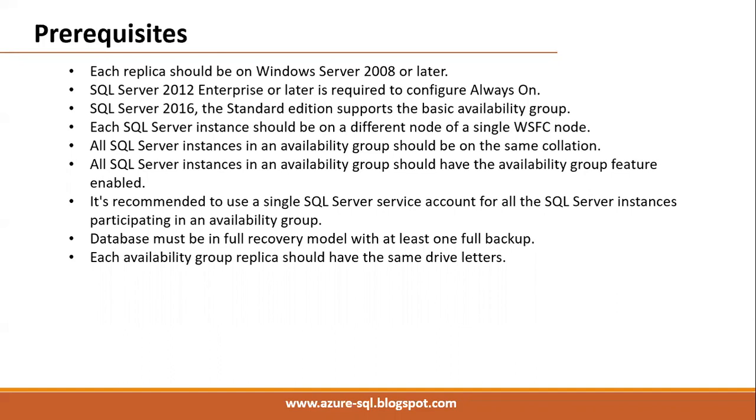We can go to SQL Server Configuration Manager and enable the Always On availability group feature there. The collation settings are language settings, which define which language characters should be accepted. By default, it is US English.